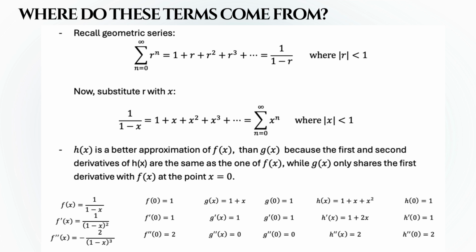On the other hand, g of x only matches the first derivative of f at 0. To see this more clearly, here are their values and derivatives at 0. So overall, h of x is a better approximation of f of x than g of x because it more closely matches the behavior of f at x equals 0.